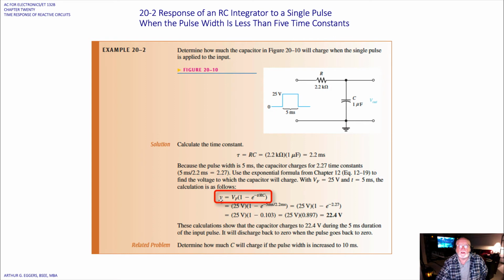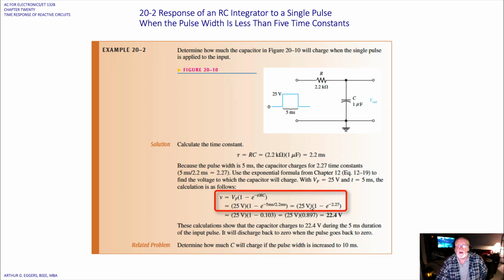The little v, again, tells us that this is not a DC voltage. v equals V final times 1 minus e to the minus t over RC. So 25 times 1 minus e to the minus 5 milliseconds divided by 2.2 milliseconds. Again, if this doesn't look familiar to you, go back and review the applications that we developed and used back in the DC course.